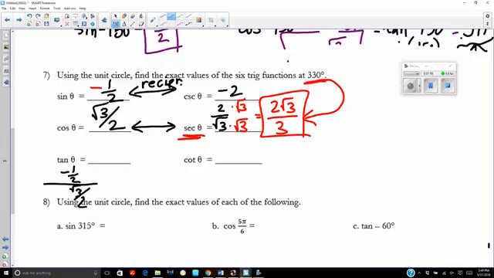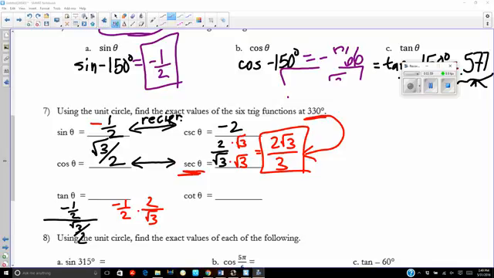To simplify that, you're going to multiply negative 1/2 times the reciprocal, 2 over radical 3, which I believe we've already done this problem. Should end up getting negative radical 3 over 3. If you need to see the work, it was on the last problem on the previous video.